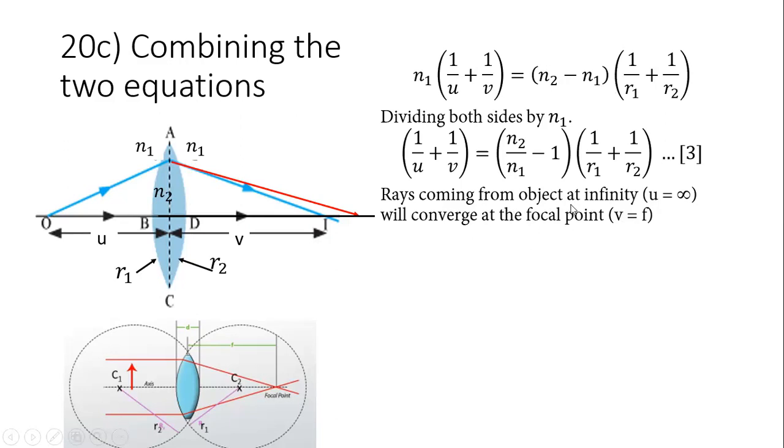Object at infinity, the image distance will be the focal point. Put inside the formula there. So this one becomes 1 over infinity, which is 0. V becomes your F. This one still stays there. This one still stays there. That's why we get this formula.